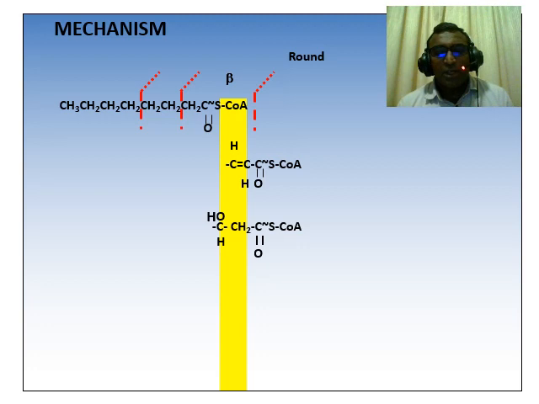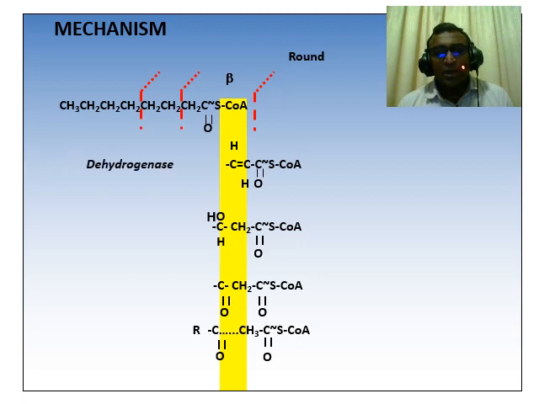Next one is hydration. All this happens at carbon 2 and 3. This is then followed by another reduction and oxidation, and then followed by the cleavage itself to remove the acetyl coenzyme A. In terms of the enzymes relevant, this is the dehydrogenase.